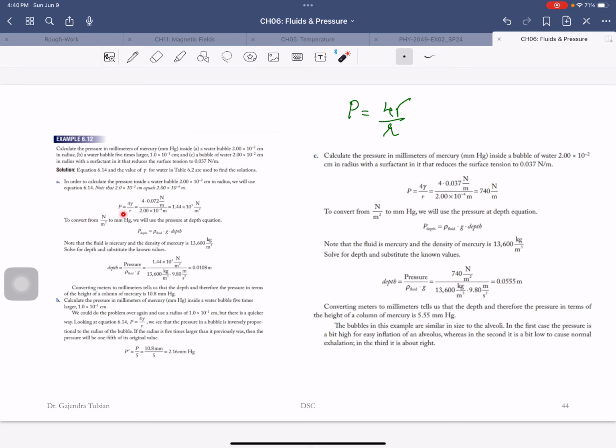So there's the first case, and there is the surface tension for normal water without the surfactant, and this is for the first case. So it goes through the problem. The excess pressure corresponds to 10.8 millimeters of mercury.